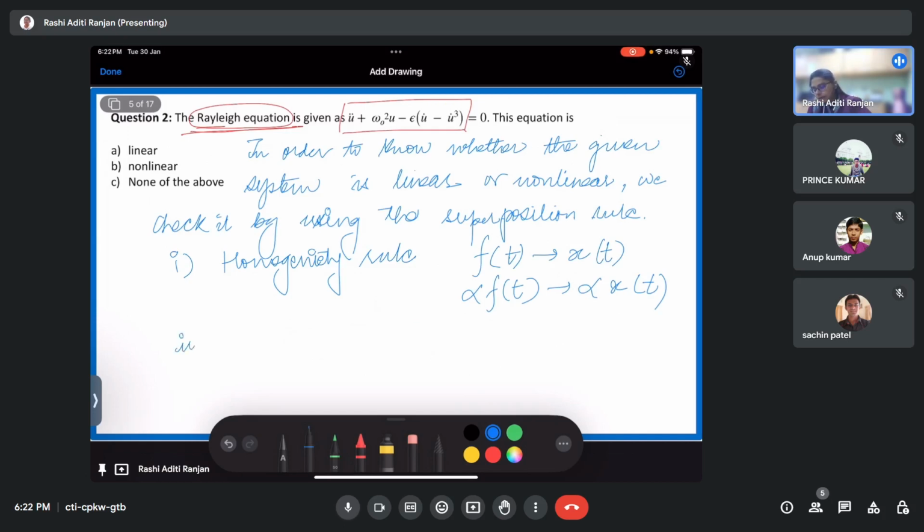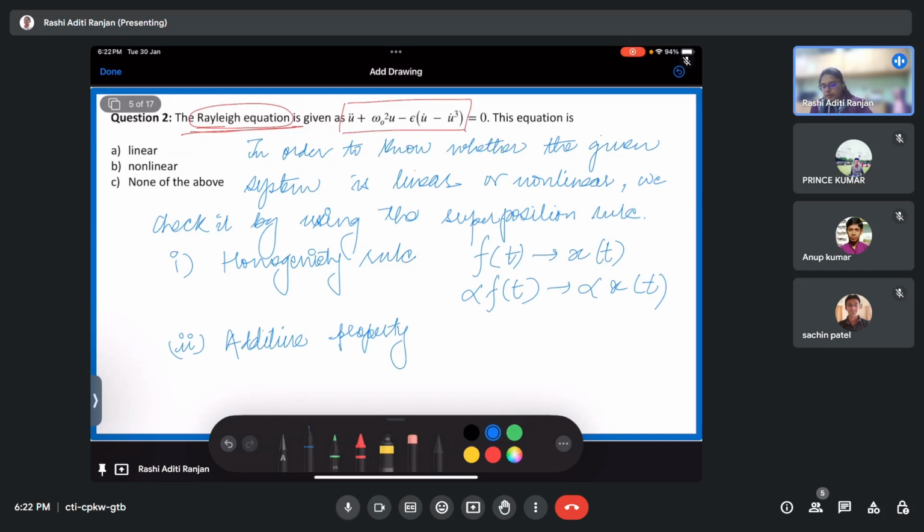Coming on to the second one, which is the additive property. Now, what does the additive property say? As the name suggests, the additive property is talking about addition. Addition of what? Addition of two responses.